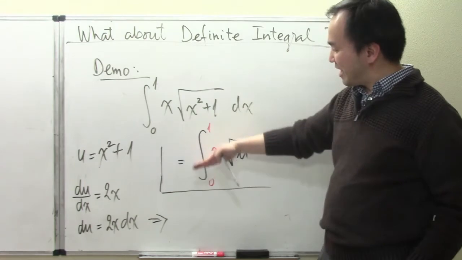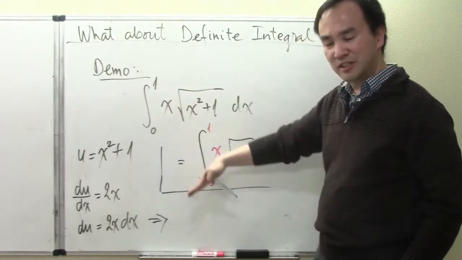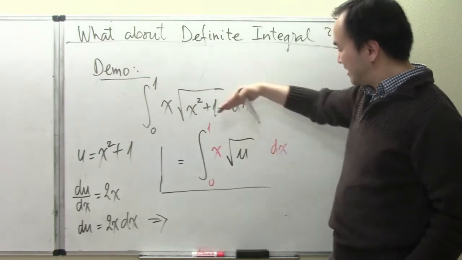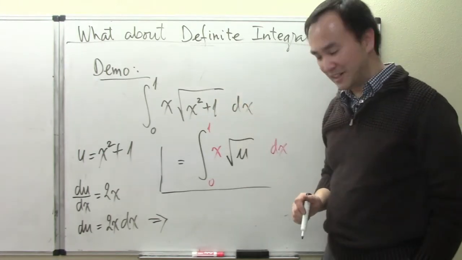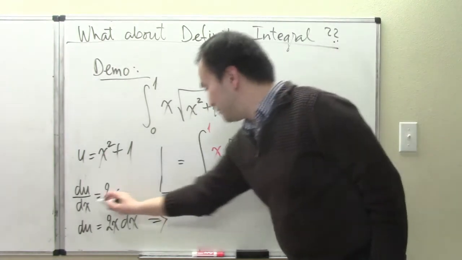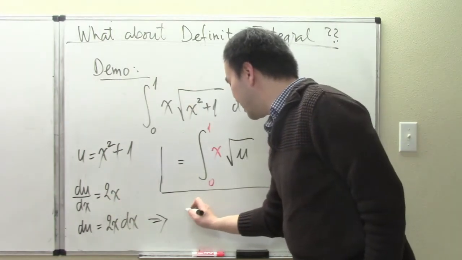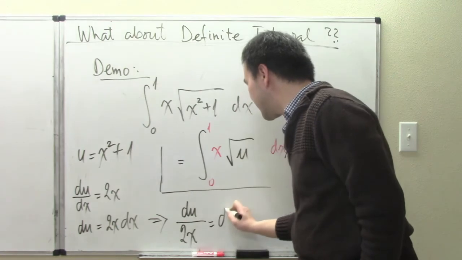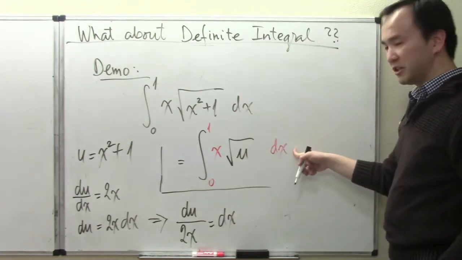And then the work where I start putting in all the substitution details into the problem is in the continuing steps of the problem right there. And now this workaround is going to be du over 2x equal to dx. So now I found a good substitution for dx.